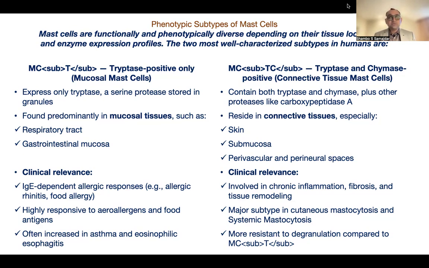Because it is involved in chronic inflammation, fibrosis, tissue remodeling. And it is the major subtype in cutaneous mastocytosis and systemic mastocytosis, this tryptase chymase positive one, and they are more resistant to degranulation compared to the tryptase positive one.